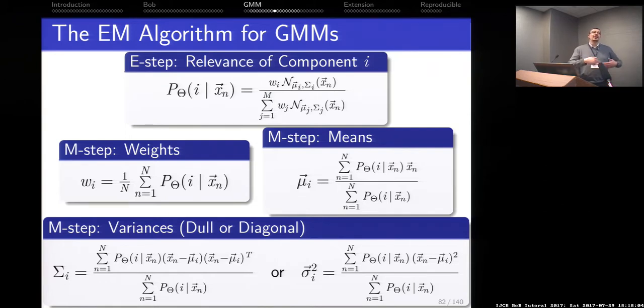And then you say, okay, how high is the relevance of this one point to this given Gaussian? And in the M step, you use the relevances: you update the weights, you update the means, and you update the covariance matrix by using the estimated relevance from the E step.